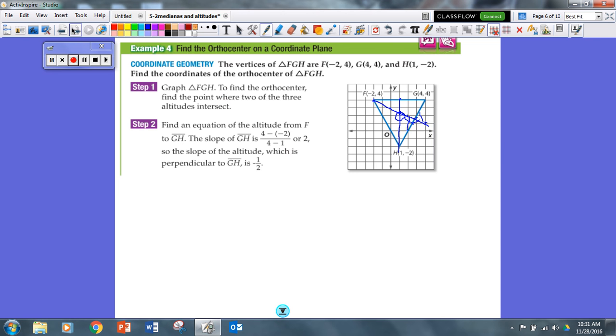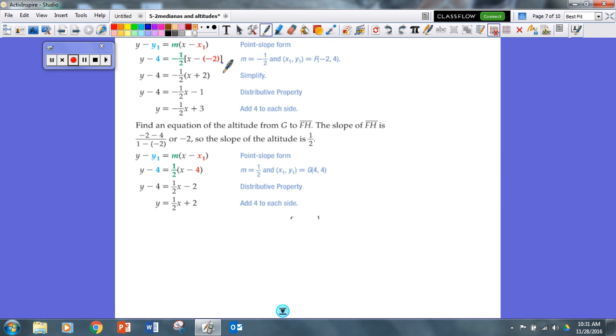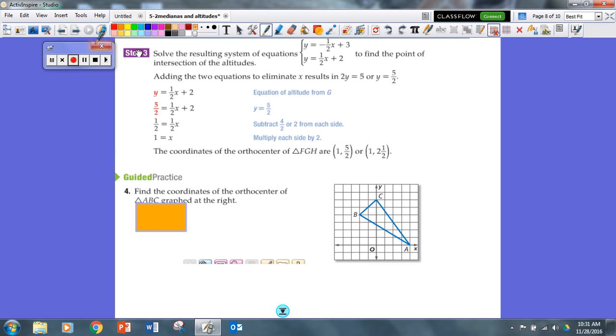To do this algebraically, I would write the equation of each line, and then I could set them equal to each other, solve the system, and find out that they cross at the point of 1, 5/2, or 1 and 2.5.